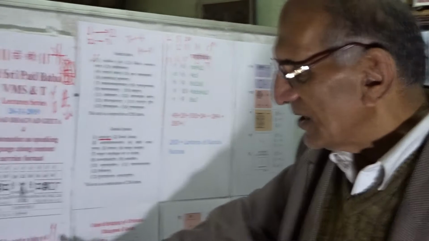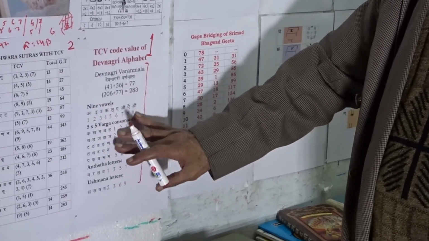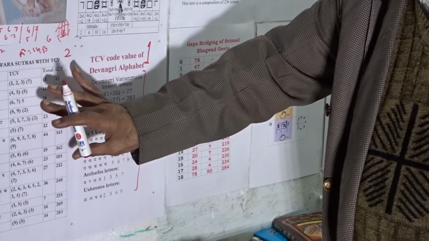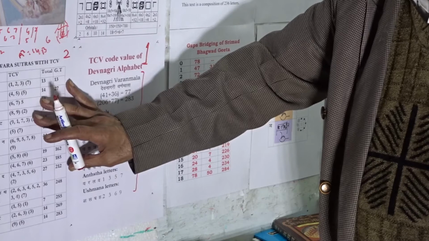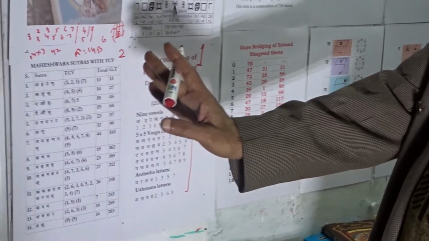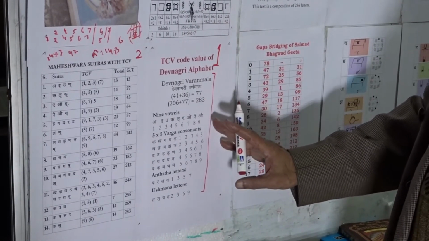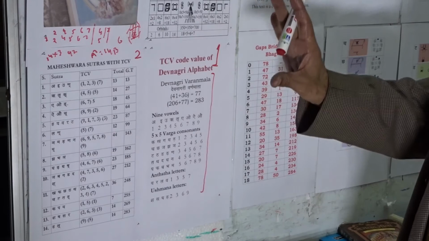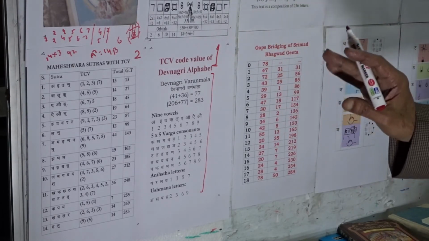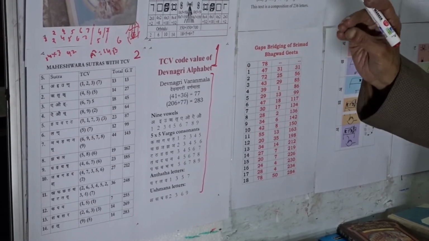And the Devanagari alphabet format, 42 letters organization, has an organization carrying to the format for the Maheshwara Sutras, and Maheshwara Sutras carry to the Devanagari alphabet with association of the values to them. This is the first step. In fact, it is the basic step.